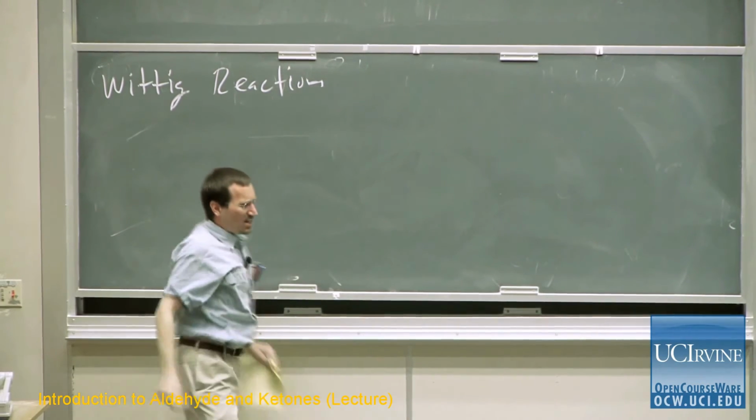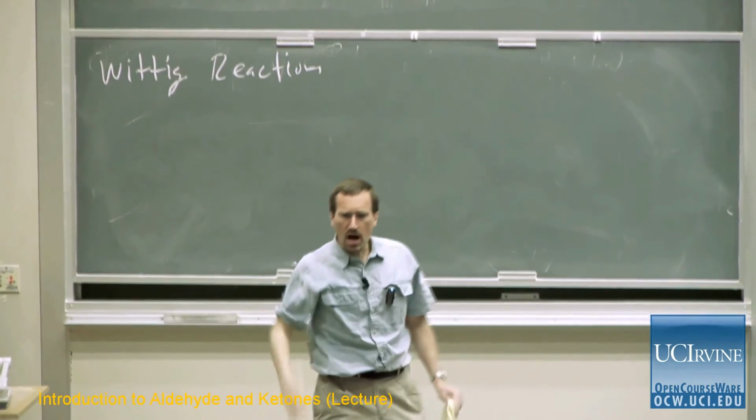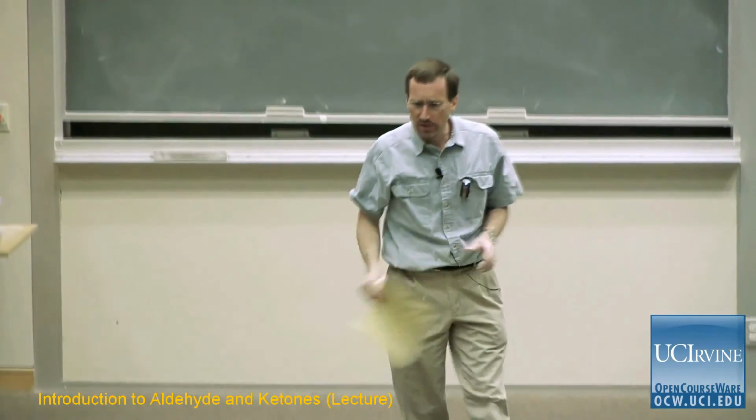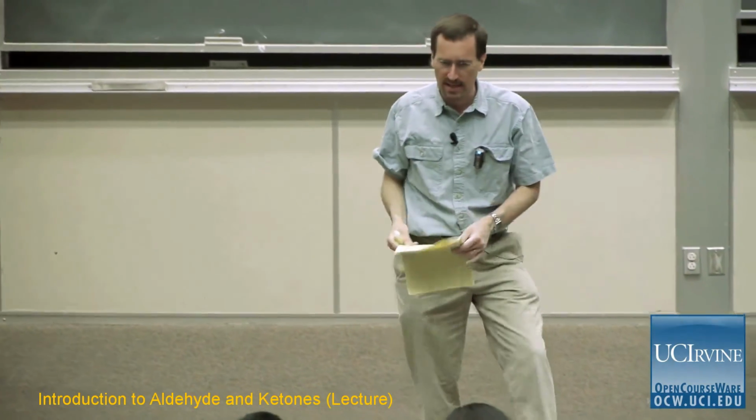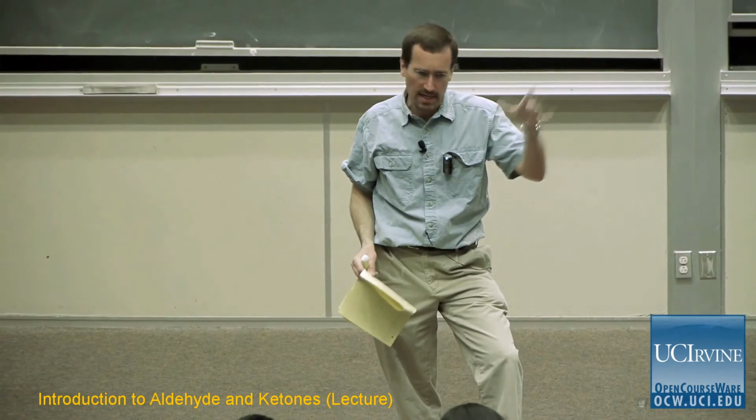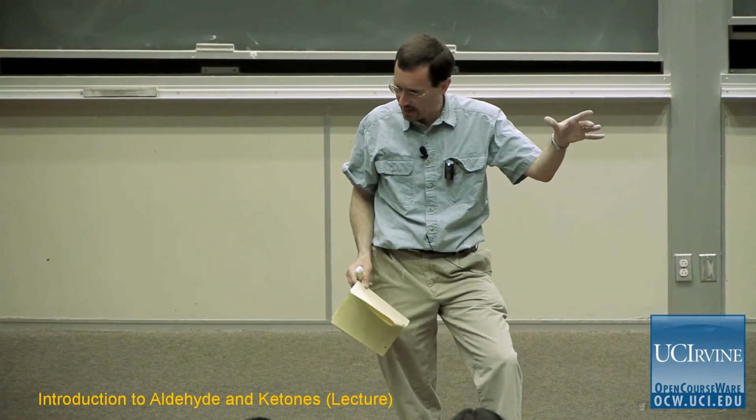The Wittig reaction is the reaction of a ketone or an aldehyde with a phosphorus ylide to form an alkene. I'll write this out in just a second.